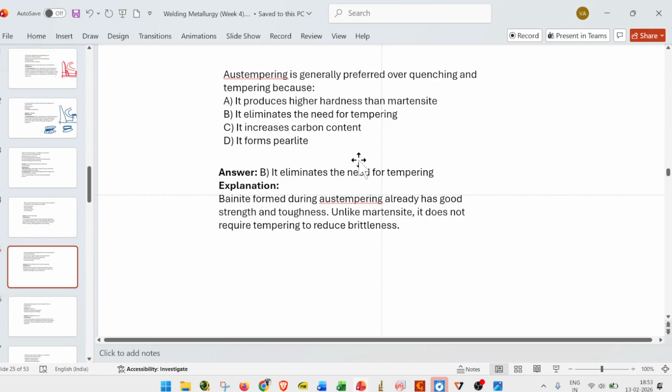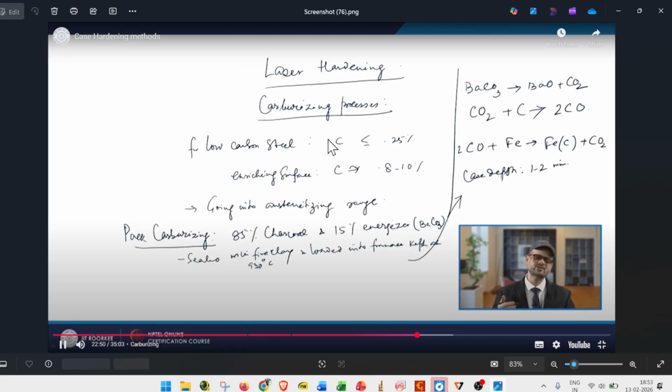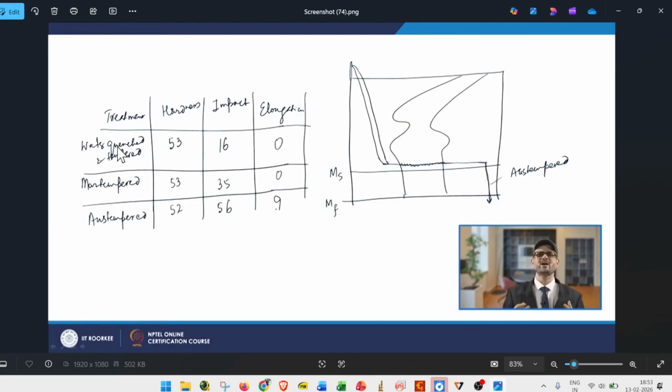Next, austempering is generally preferred over quenching and tempering because it produces higher hardness than the martensitic phase. Why is that? We can see here, if we do normal quenching, how the hardness changes.